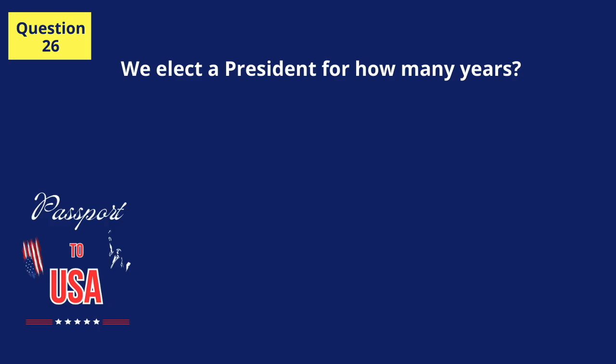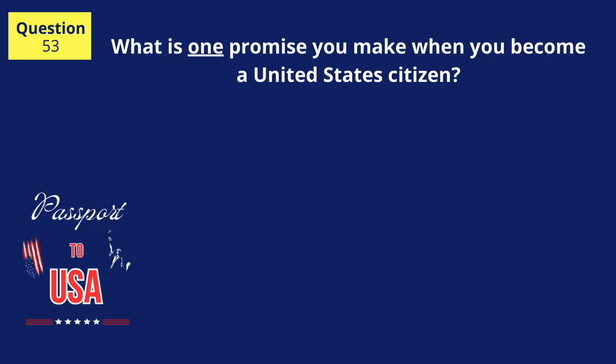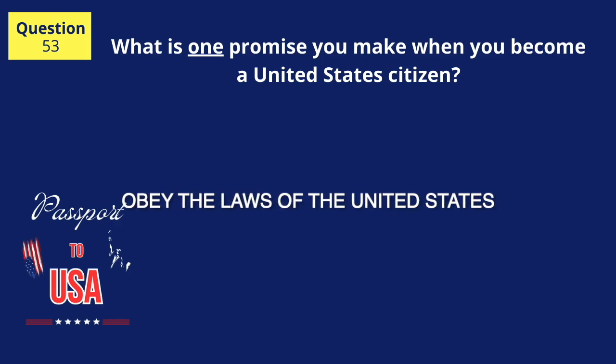We elect a president for how many years? Four. What is one promise you make when you become a United States citizen? Obey the laws of the United States.